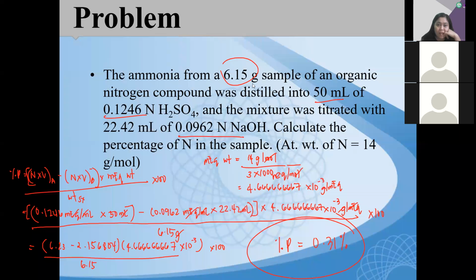Times 10 raised to the power of negative 3. You do the rounding off only in the final answer. My instruction is always to round off only in the final answer, because if you round off many times during the process, your answers will come out different.